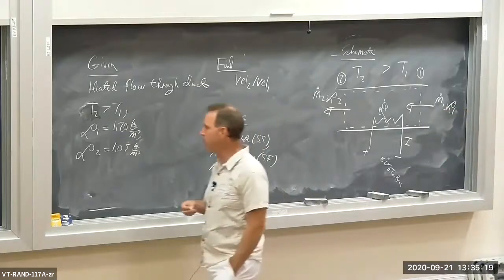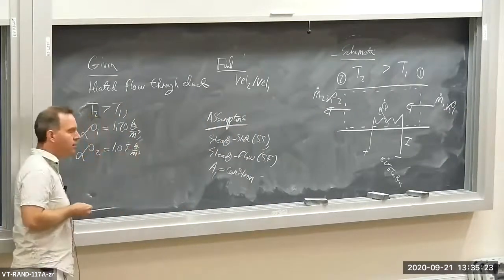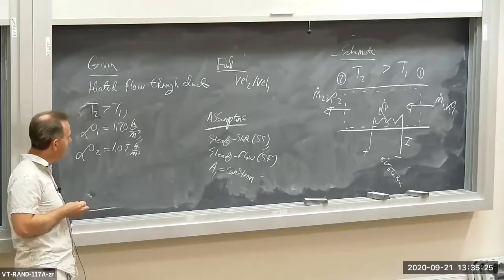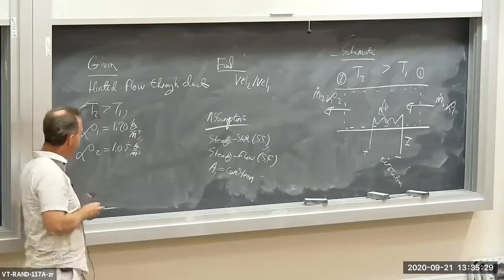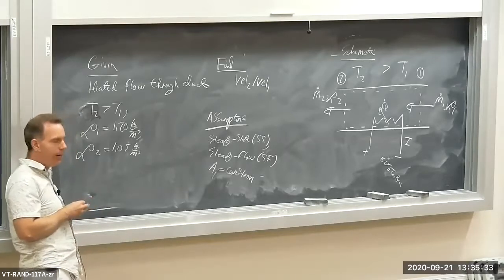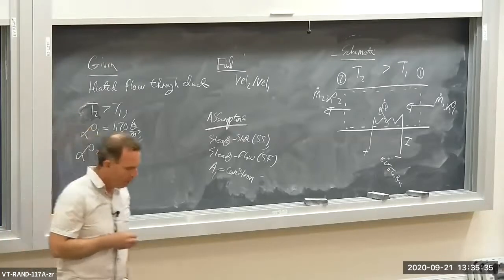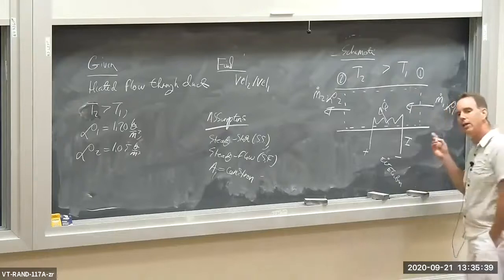So we have some numbers here. The density on the right, the inlet, is 1.2 kilograms per cubic meter. And the density on the left, where it is heated, is 1.05 kilograms per cubic meter. So density goes down as temperature goes up and the air is heated in this duct.